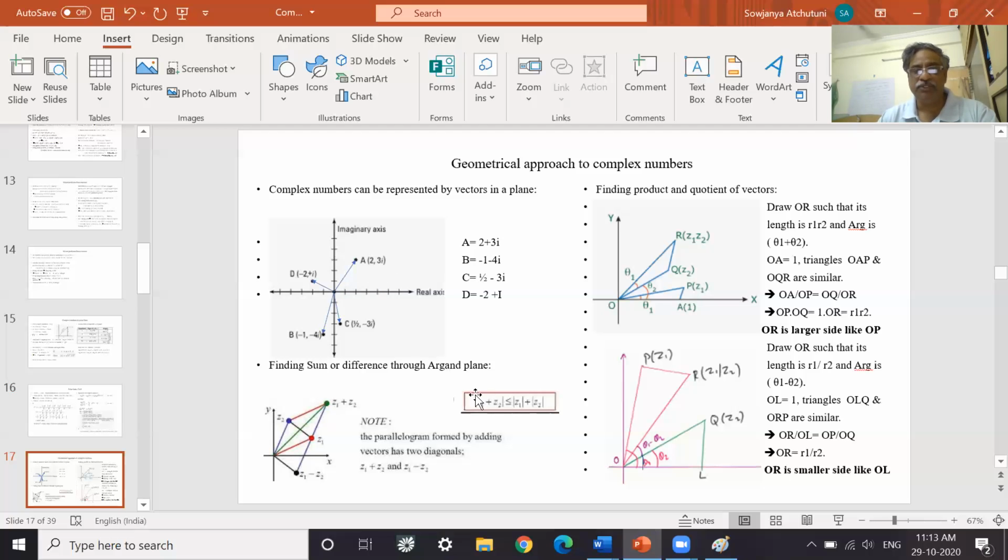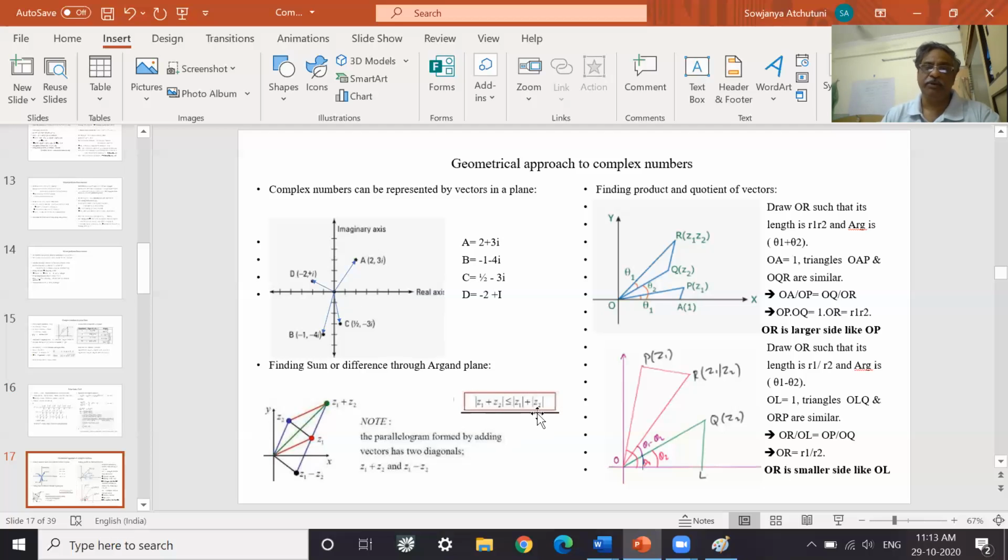So mod of Z1 plus Z2 is always less than mod Z1 plus mod Z2. They are equal when they are in the same line. Suppose Z1 is in the same line as Z2. Suppose this is Z1 and this is Z2. If it is the same line, they are equal. If there is a phase difference, the mod of Z1 plus Z2 is less than mod Z1 plus mod Z2.